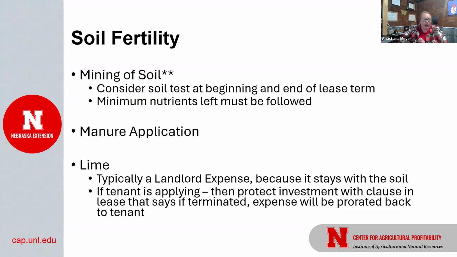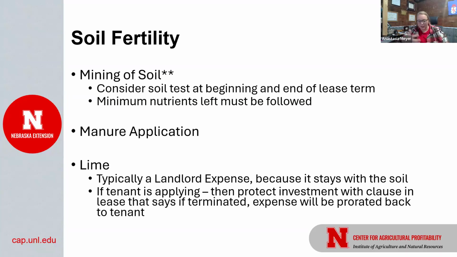If you're in an area that has a lot of manure application, I just talked about stripping nutrients out of the soil, but on the other hand, sometimes too much is not a good thing, and that is not what we want. So with manure application, you might consider having a clause in there that limits how much is applied each year.